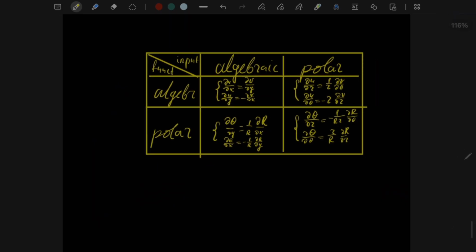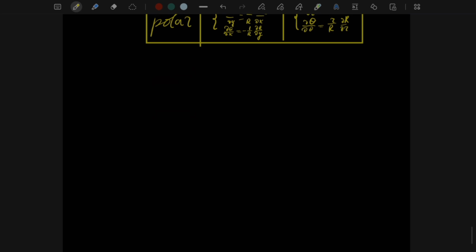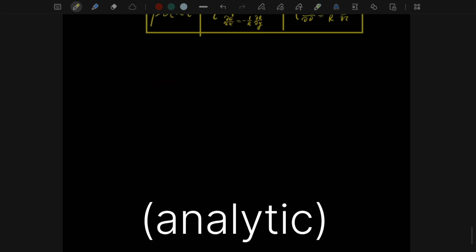Okay, so we end up with this table. Now let's proceed with defining analytic functions.